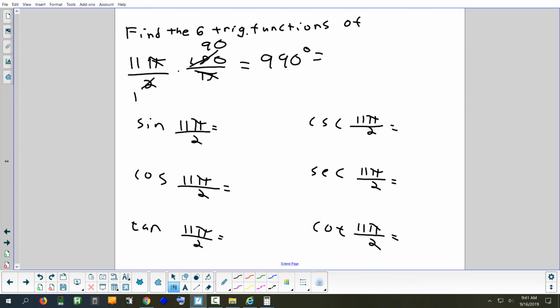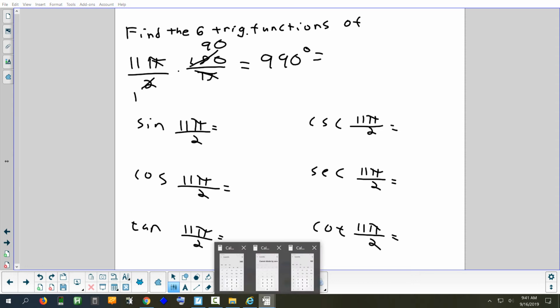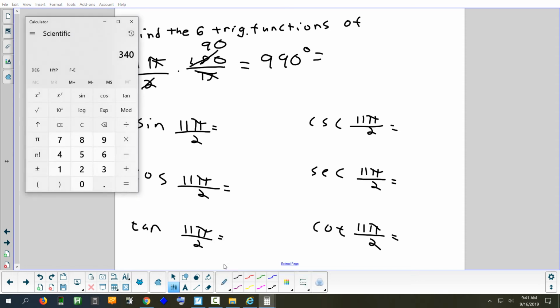So now we still want to do a little bit more with that. Off the top of my head, I'm not sure what the coordinate is for 990. But I can find what it's the same as by doing what? Yeah, just subtract 360. So it's the same as the coordinate for 630. Still not sure.